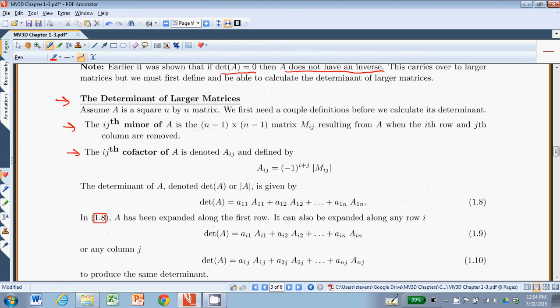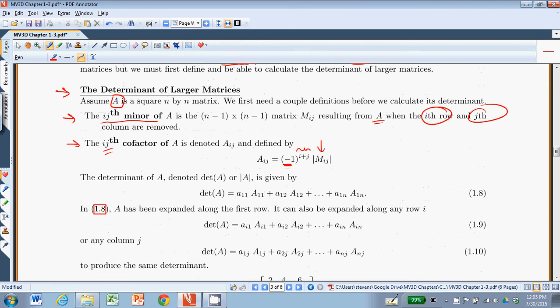Suppose I start off with a square matrix A. The ijth minor of A looks just like A, only you remove the ith row and the jth column. Then the ijth cofactor of A is just the determinant of that minor times -1 raised to i plus j.